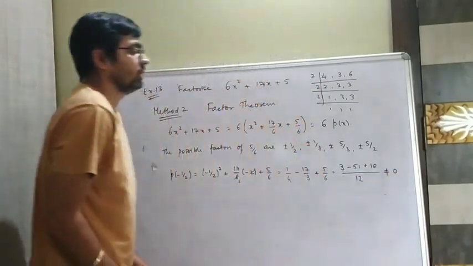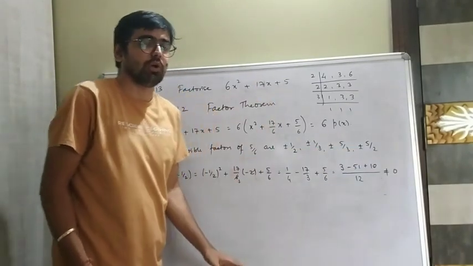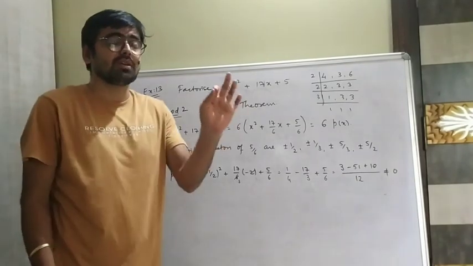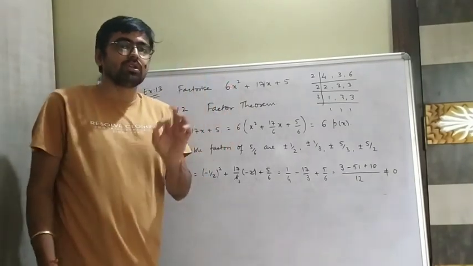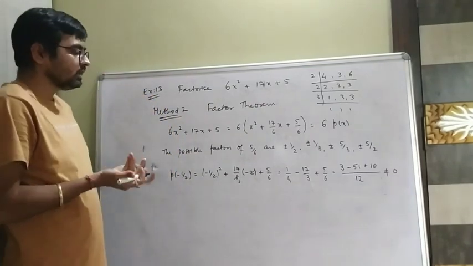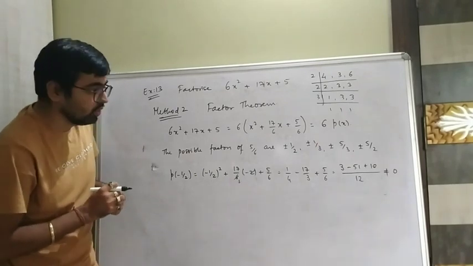You can check, numerator is not getting 0. Anyhow, this is not going to be 0. So I can easily say that x plus 1 by 2, minus 1 by 2 is not going to be a possible factor. Simple. So then what will come next? So I'll narrow it down for you in a good way.